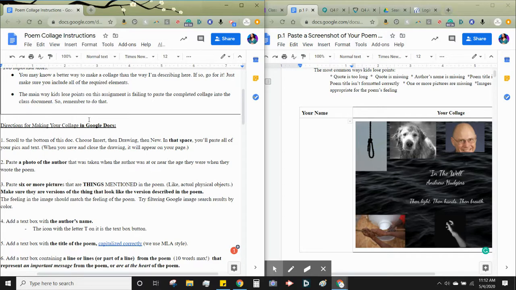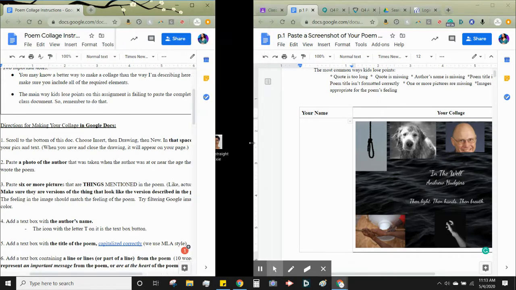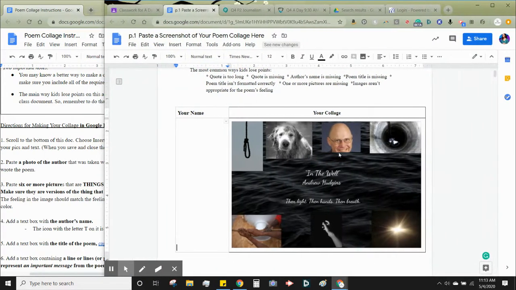And sometimes this just automatically happens in the reader, but sometimes even when our eyes have gone over the word several times, we're not really taking the time to picture it. So this basically makes you put on your screen the pictures that your poet is trying to put in your mind. Let's look at some examples of kids doing this well and kids doing it, oh, not so well.